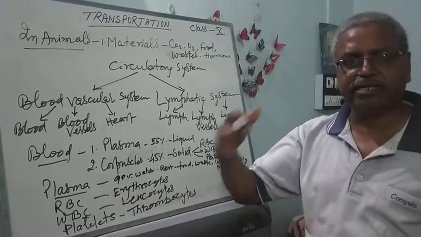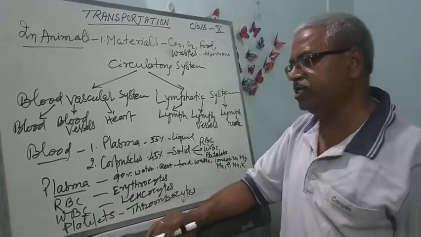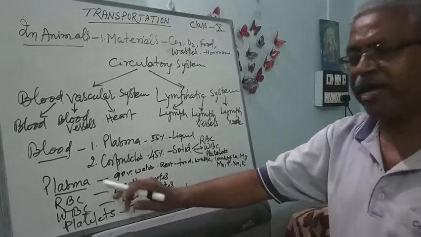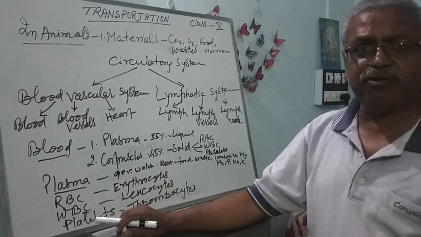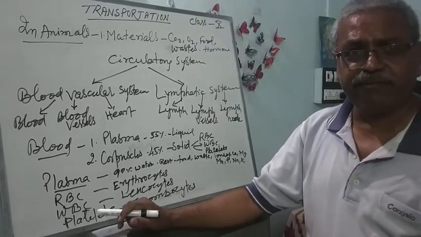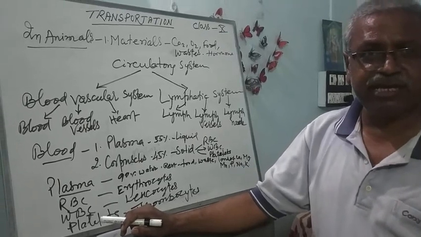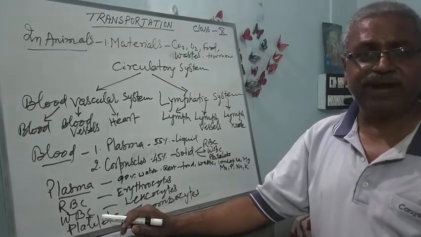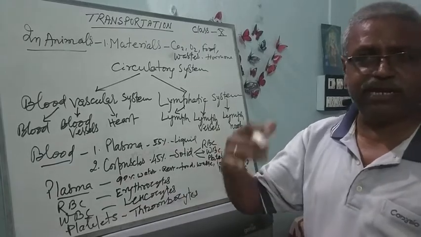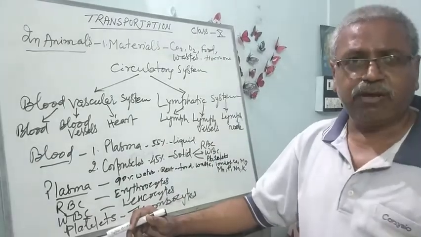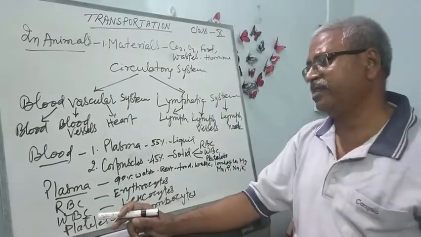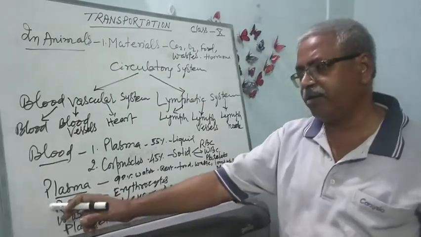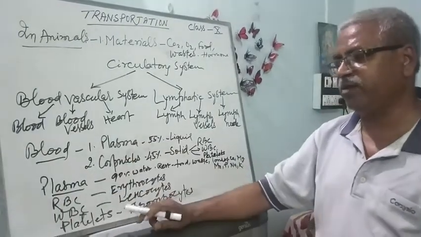That is, it maintains the temperature of the organism. Plasma has protein, and this protein may be in the form of antibodies which help in fighting the foreign disease-causing pathogens.